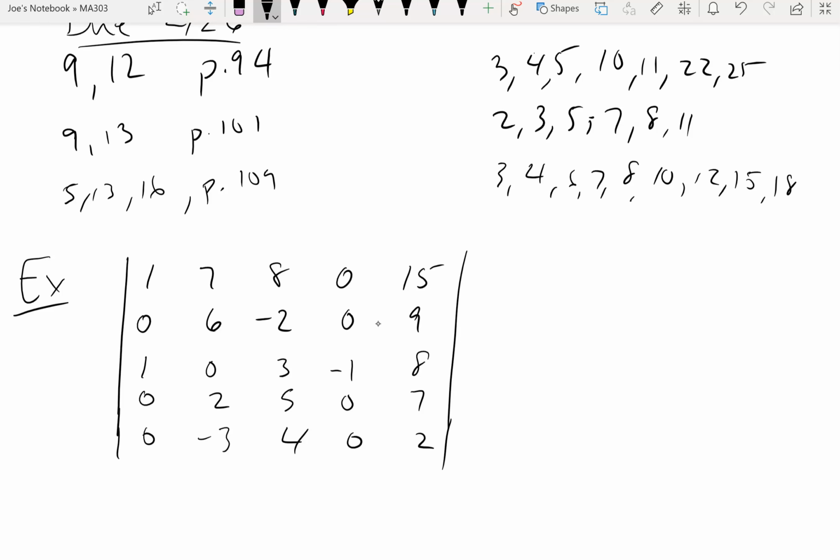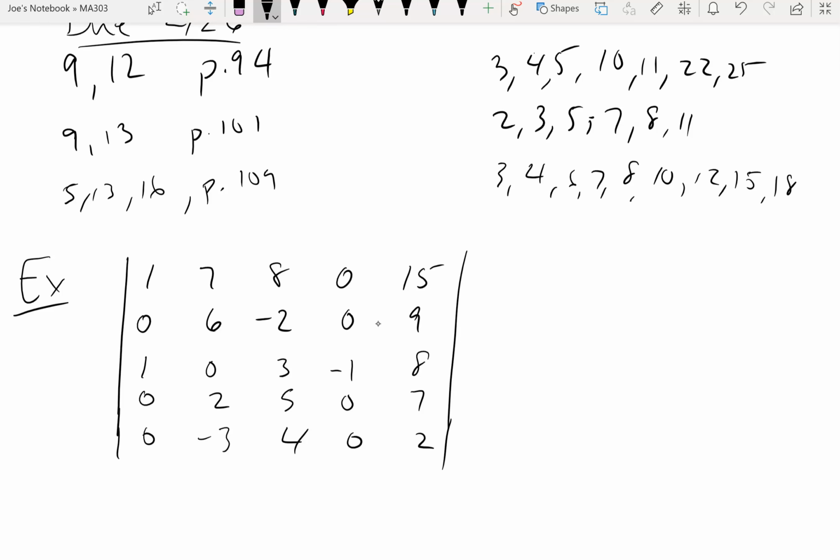So one of those products, for example, could be 1, 6, 3, 0, 2. That gets an element from each row and I didn't repeat any column, right? But you could also do 7, 0, 3, 0, 2. And keep playing around those ways.